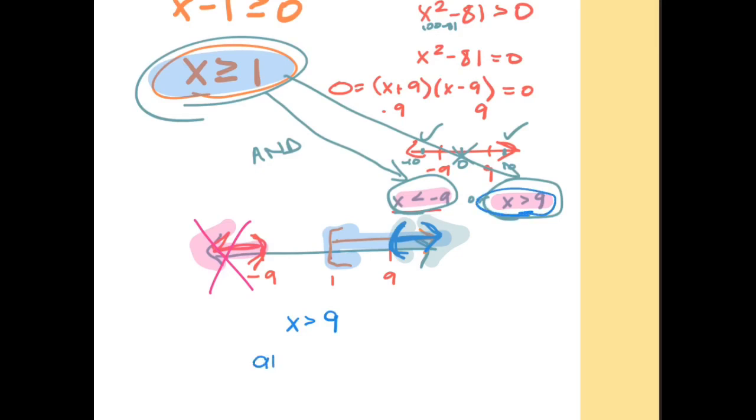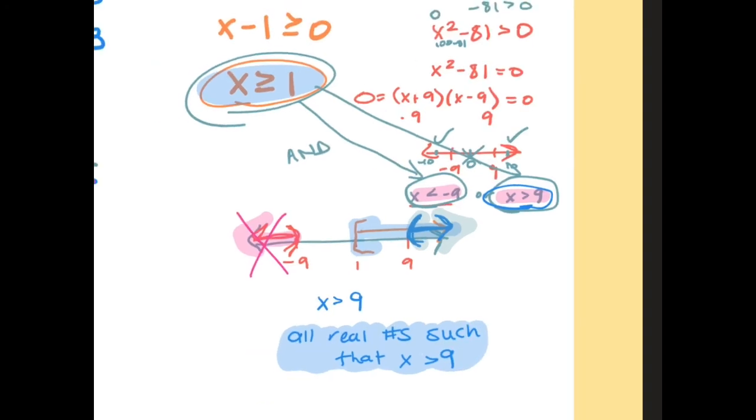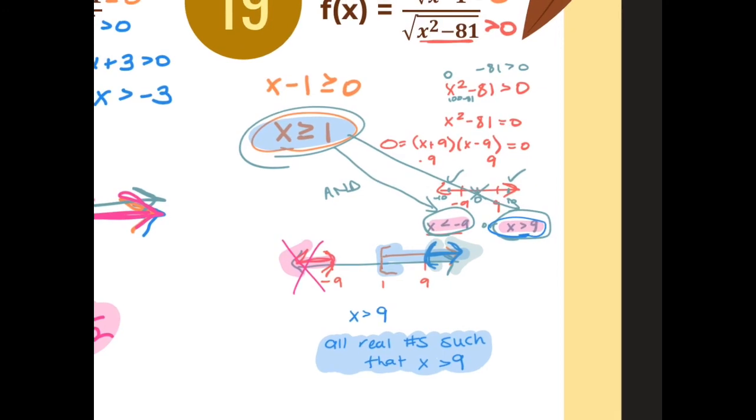So this would be all real numbers such that x is greater than 9. So if I get 2 parts and one of those parts is an or, then it has to be true for the top part in this case, and then either of the or statements has to overlap.